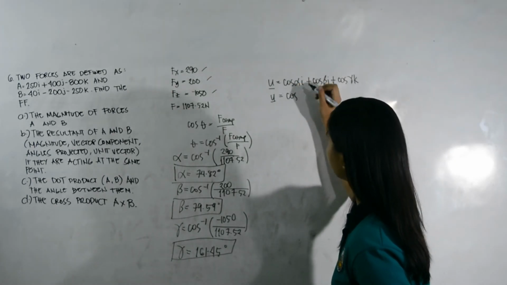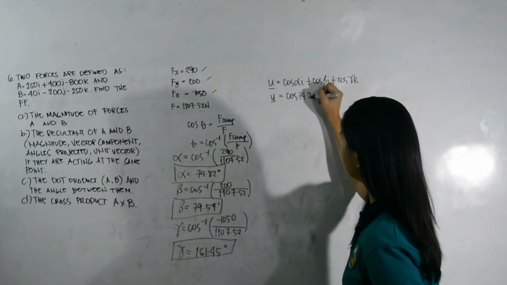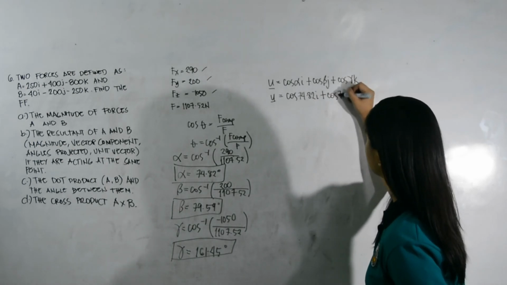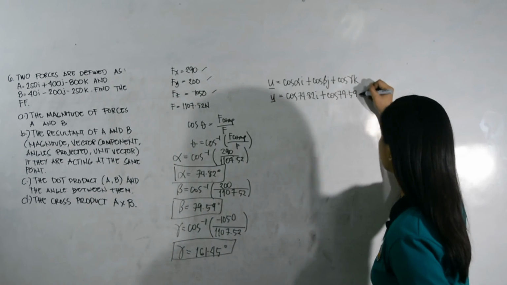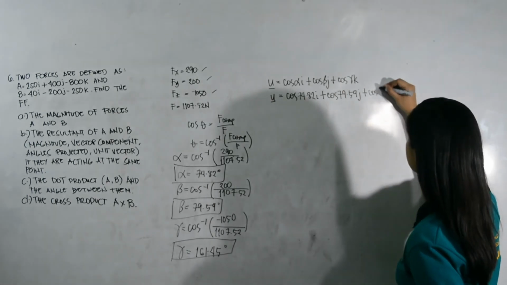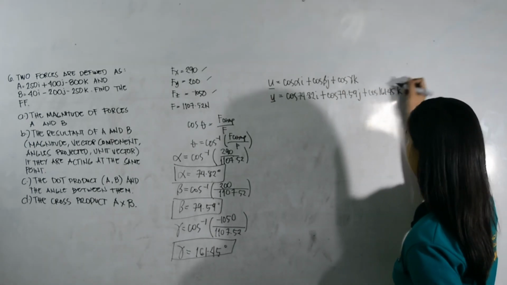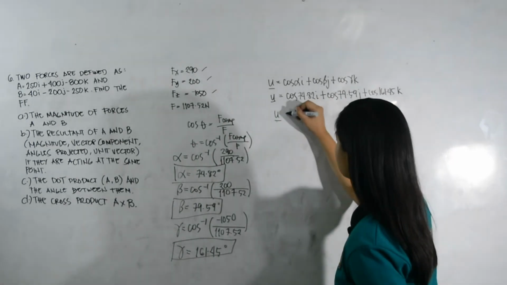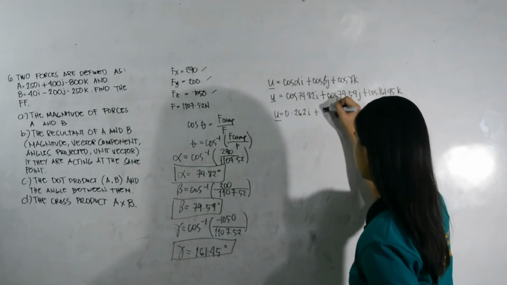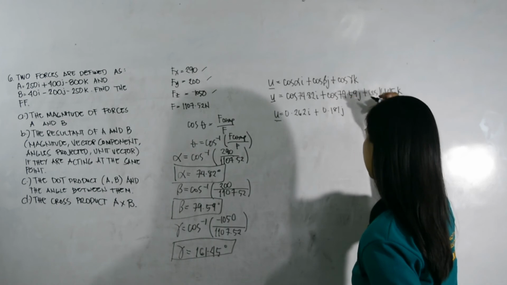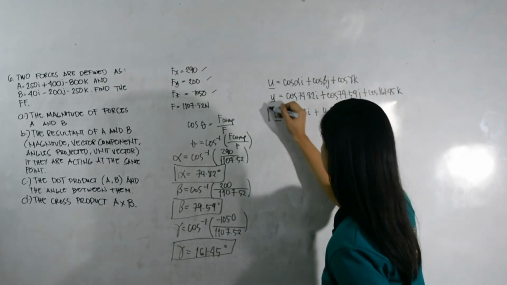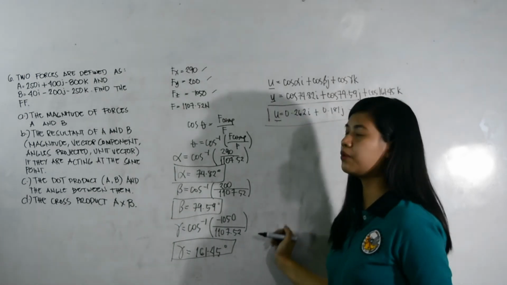Now we have the cosine of alpha, which is 74.82 I plus cosine beta, which is 79.59 j, and cosine gamma, which is 161.45 k. And that will be 0.262 I plus 0.181 j minus 0.948 k. And that will be for letter B.